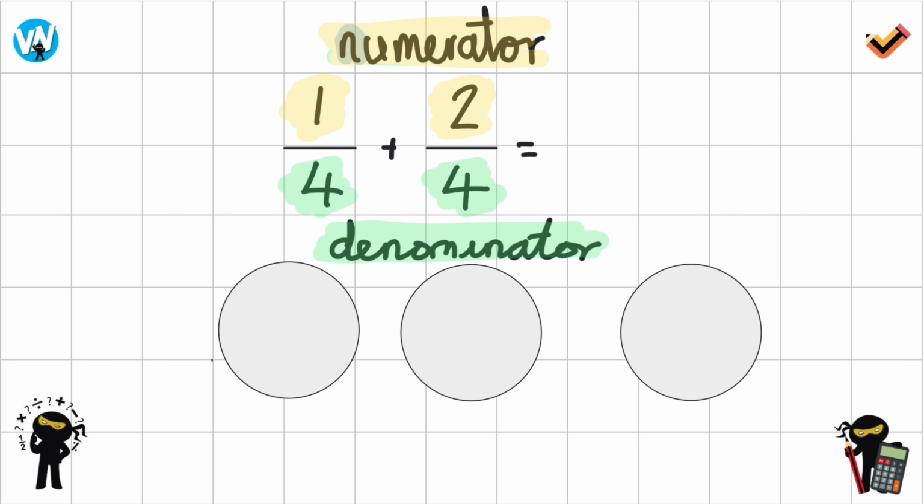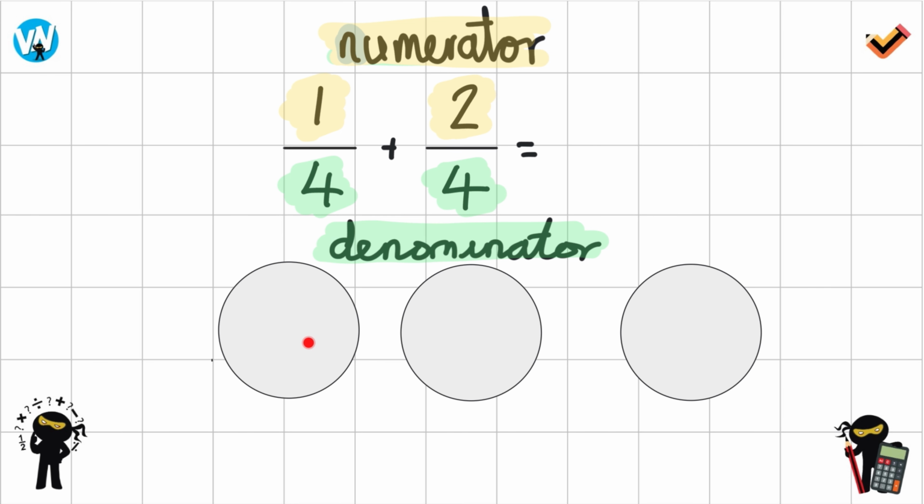Sometimes we can't just deal in 1 or 2 or 3. Sometimes we need the amounts in between 1, 2, and 3. So the fractions that we see here, like a quarter and a half, which should be quite familiar, are just representing an amount that is less than a whole.